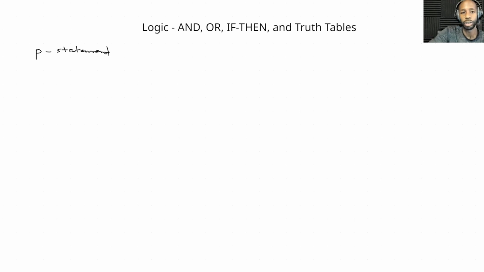Macon is in Georgia. That's a statement. You also have what would be called the negation of that statement. That's the symbol. So the negation of the statement.